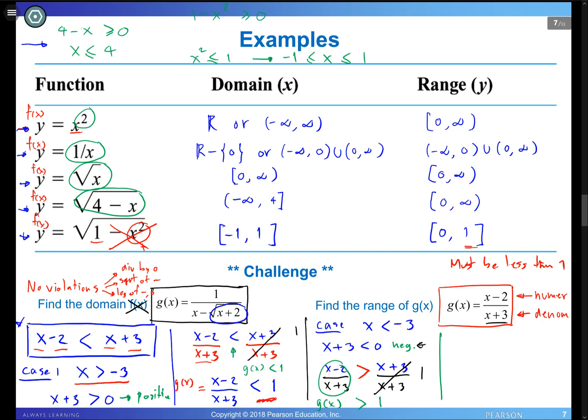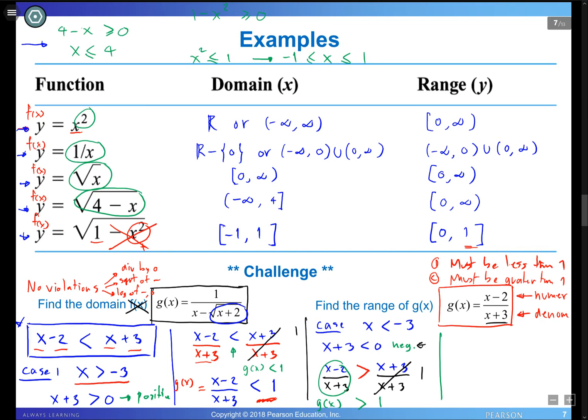G of x greater than 1 and g of x less than 1. Okay, the second condition must be greater than 1. Combine them.